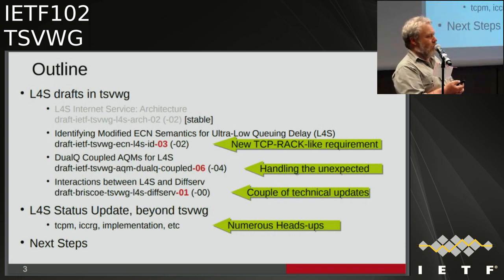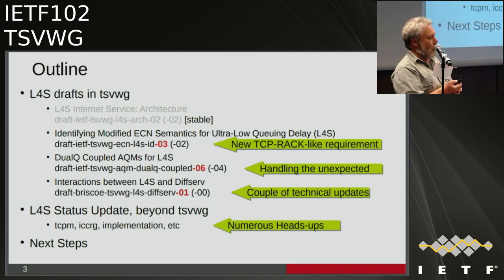That's the major technical change, and in that one, we're getting towards the corner cases, and this is handling unexpected packets in the queue, which I shall talk about briefly. And then there's a draft that's not a working group draft currently. You had it on the chair's introduction as new, but it was new last time.